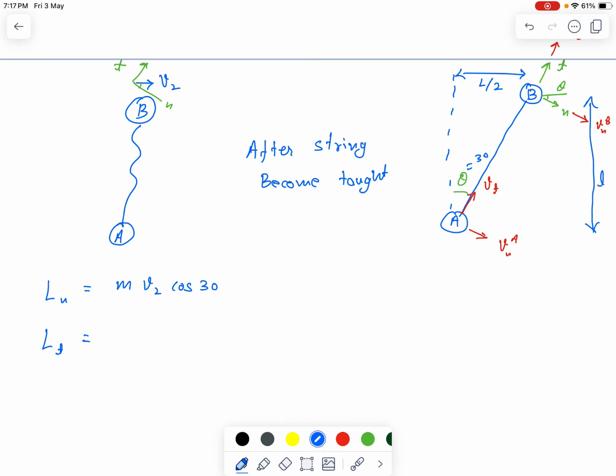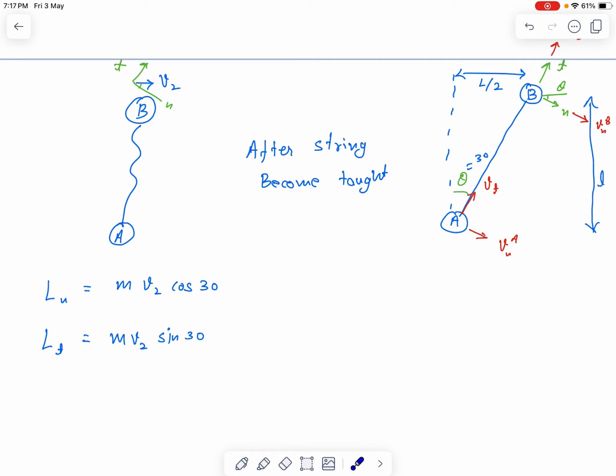You can work in terms of cos theta, and in the t direction it would be m v2 sine 30. I have taken this for this block only, since this is at rest.